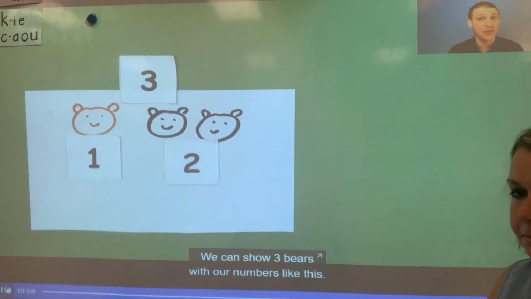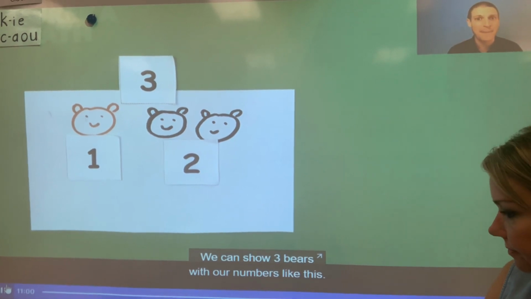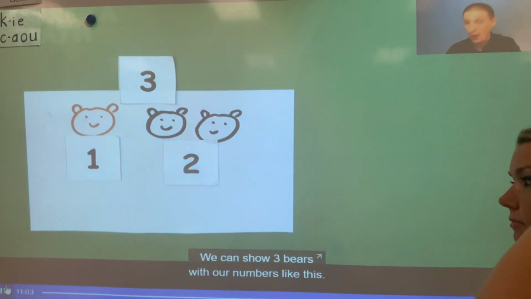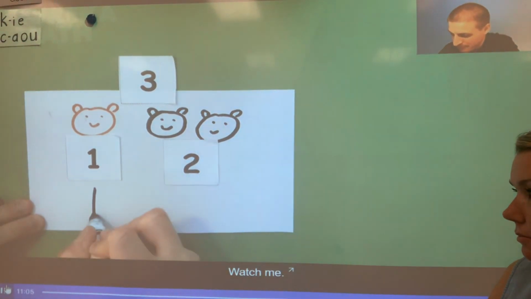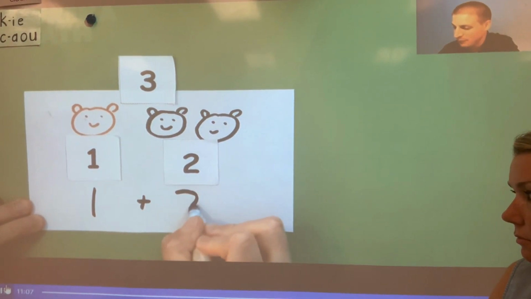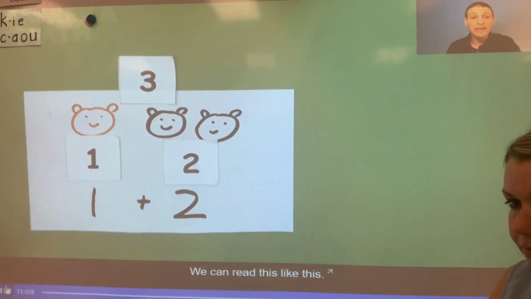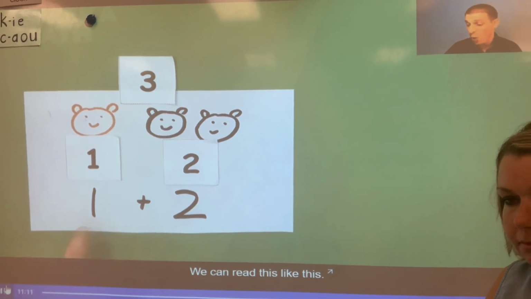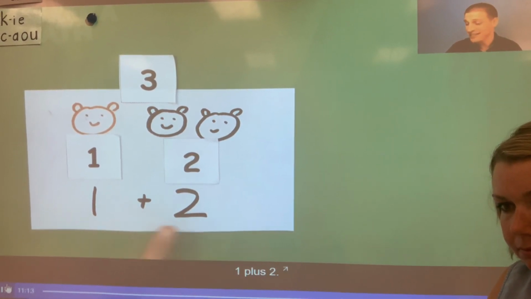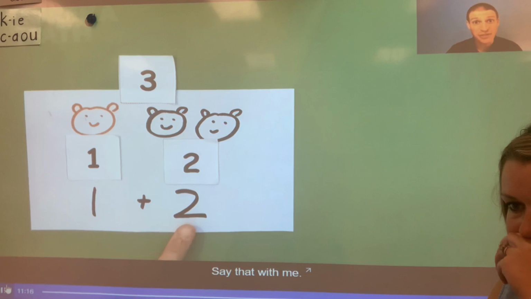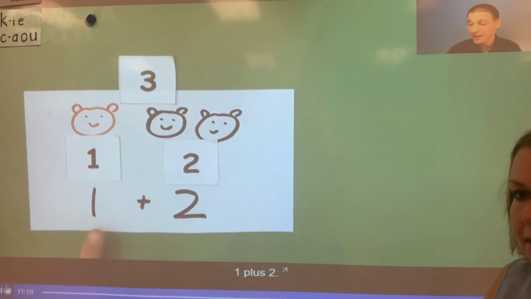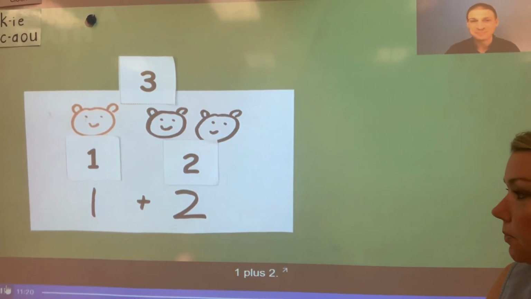We can show 3 bears with our numbers like this. Watch me. We can read this like this. 1 plus 2. Say that with me. 1 plus 2.